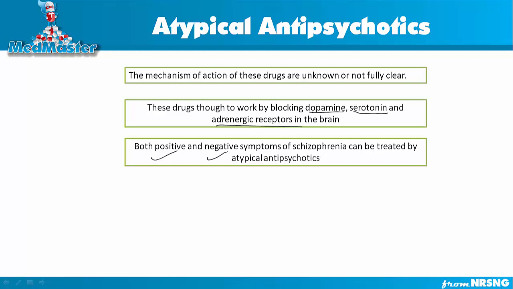Now, one of the things to remember when we take a look at the side effects of this antipsychotic medication is dopamine. Dopamine is a neurotransmitter in the brain that works with the balance, muscle movements, and muscle coordination. Dopamine in the brain will coordinate all these muscle movements in our body.